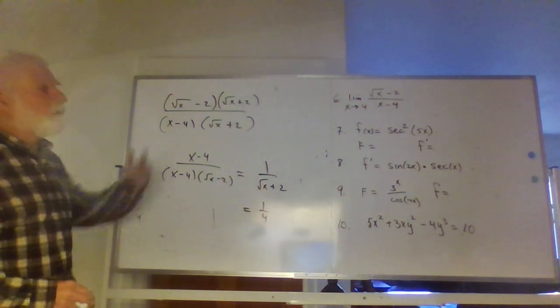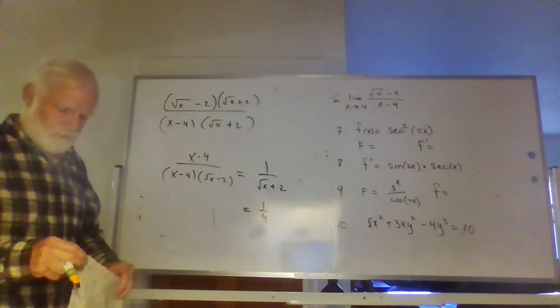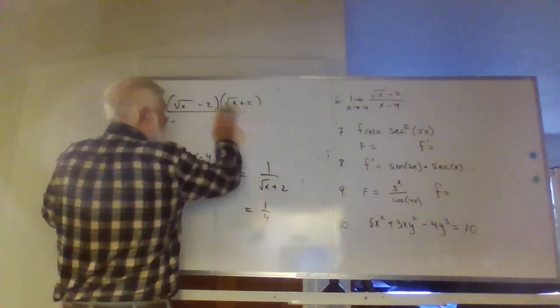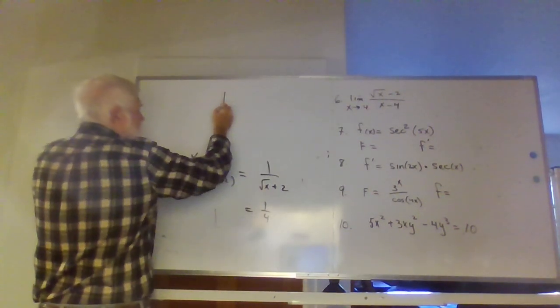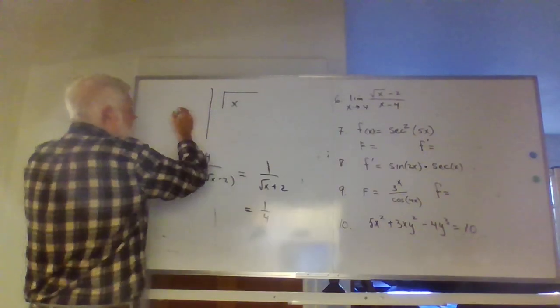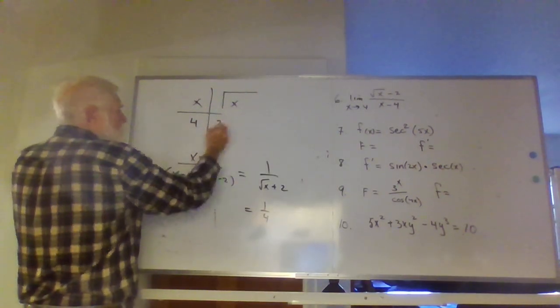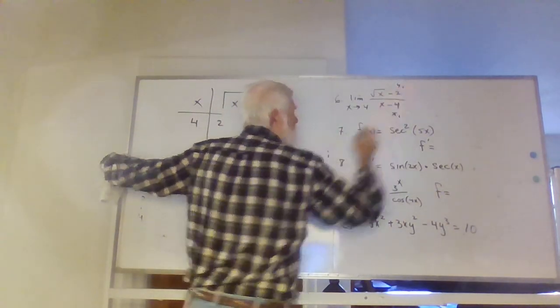However, if you get really familiar with how limits create derivatives, you might have recognized that you were looking at the square root function. If you put a 4 in, you get a 2, which means that this was x1 and this was y1.